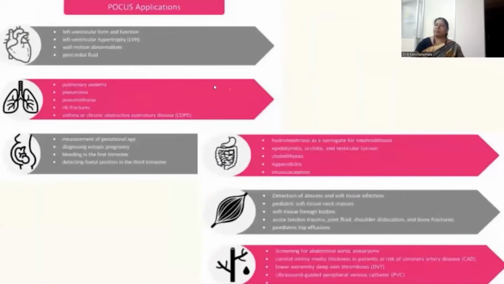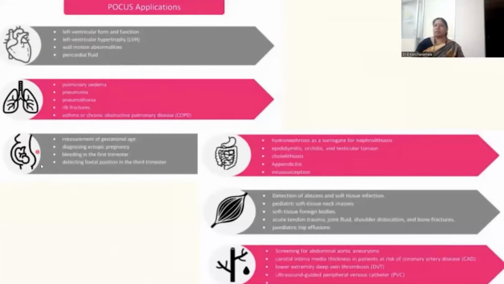Going on to the broad applications of POCUS: in imaging of the heart, we can assess left ventricular function, hypertrophy, wall motion abnormalities, and pericardial fluid. With regard to the lung, we can find out whether the patient has pulmonary edema, pneumonia, pneumothorax, rib fractures, or COPD or asthma.